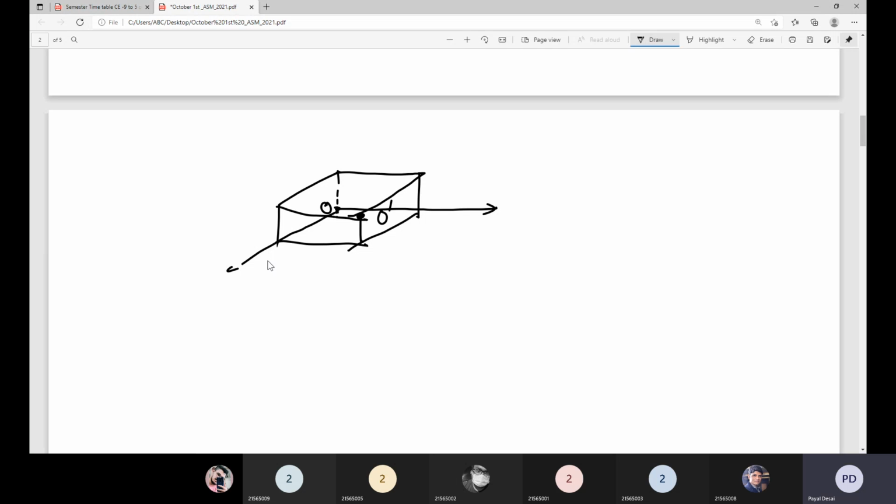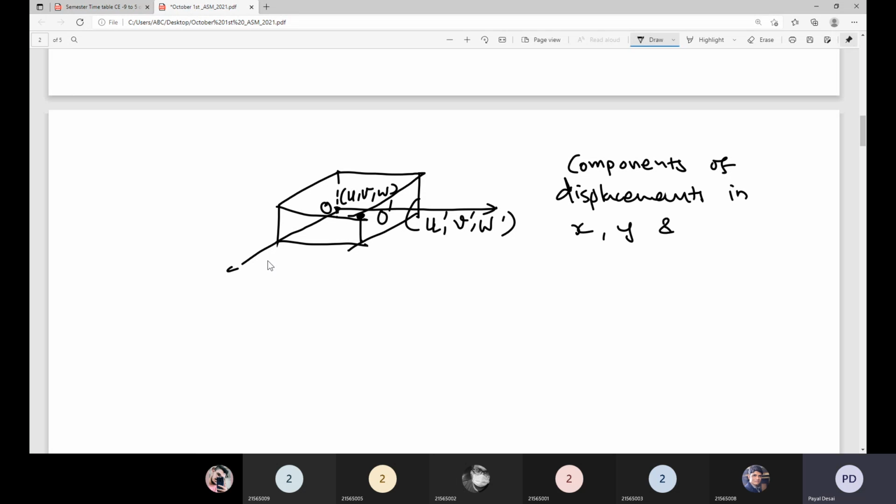If the original coordinates of this point O are, let's say, U, V, W, then it is shifting, that means there will be some change in U, V and W. So U dash, V dash, W dash. Now what are U, V, W? Those are the components of displacements in X, Y and Z direction.